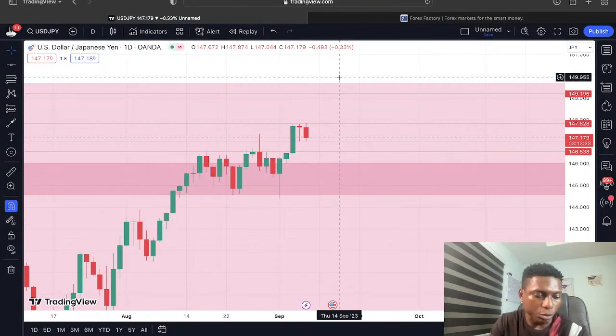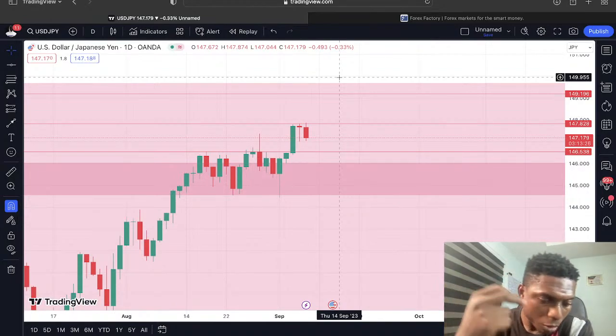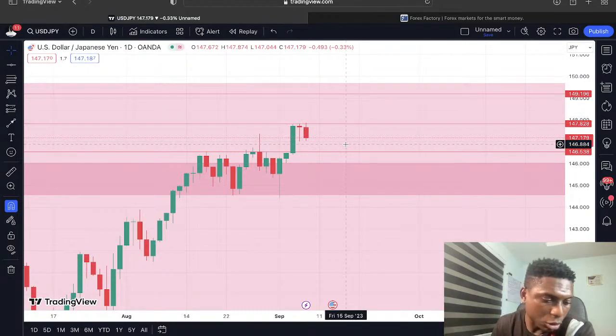All right, so Adeleye is asking me what is sell stop and buy stop. I think I've explained it earlier, but let me give a recap again. A sell stop is an order given by you, the trader, to your broker to sell a particular security or currency at a price that is below the current market price.